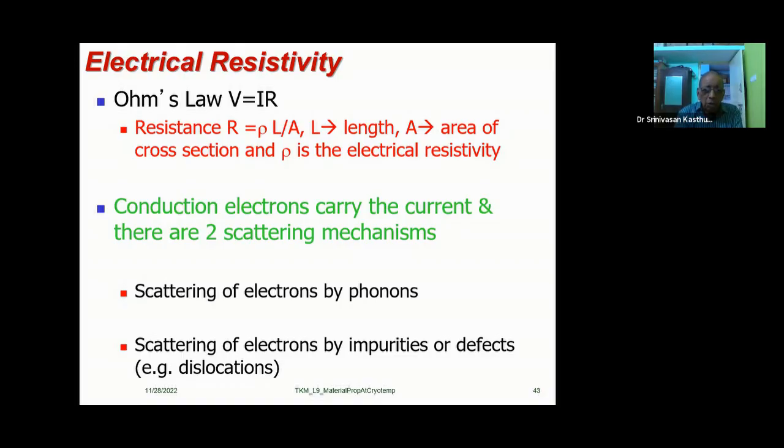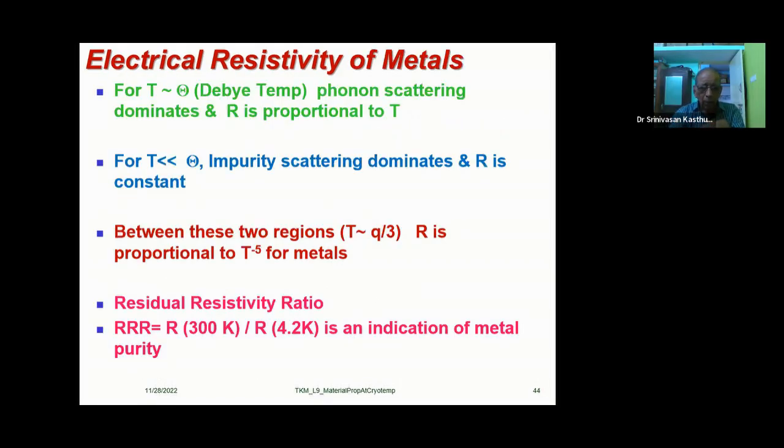Now, conduction electrons normally carry the current. There are basically two scattering mechanisms for this. Okay, again, as before, as we have done in the case of thermal conductivity, here also the scattering is by the phonons, and the scattering is also by the impurities or maybe defects, dislocations, etc. Right? Okay.